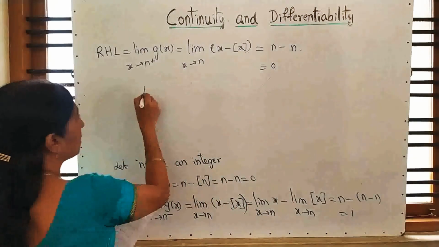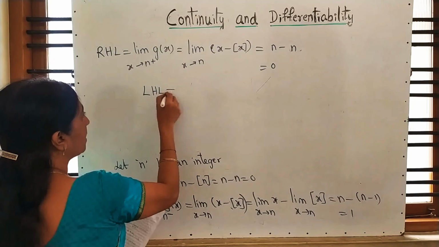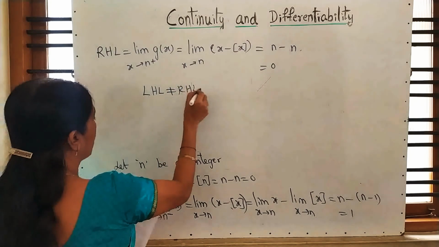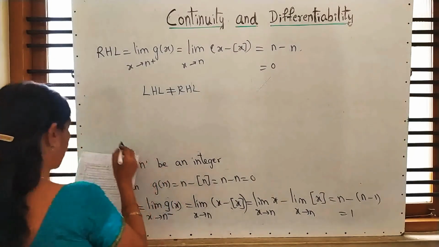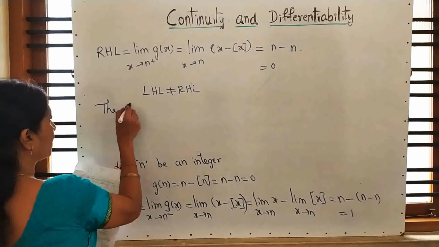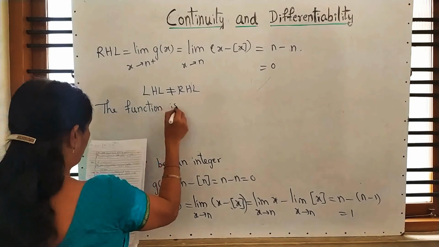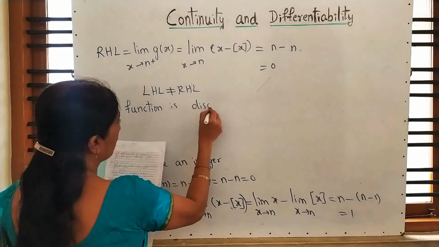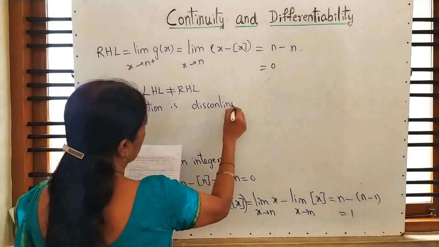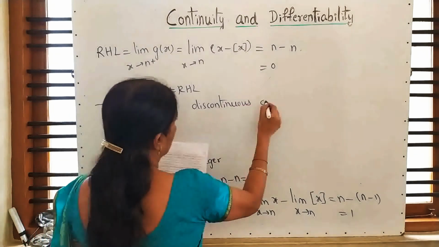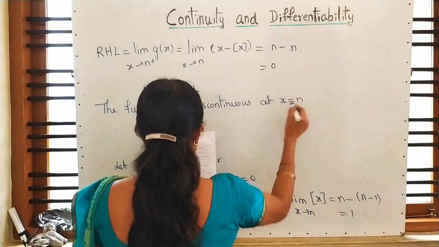And you know that the left hand limit is not equal to the right hand limit. Therefore the function is discontinuous at x is equal to n.